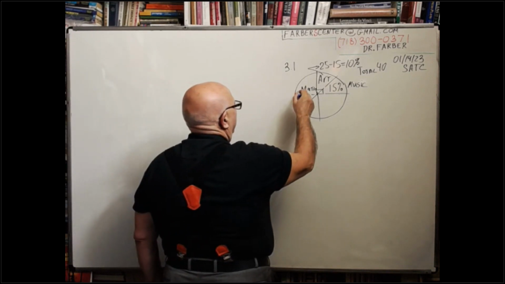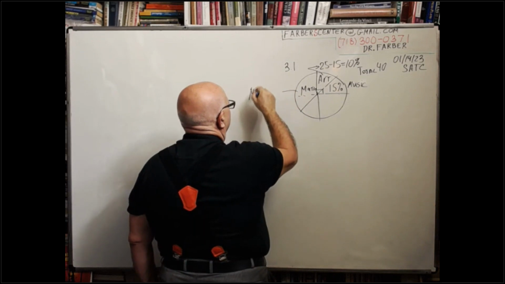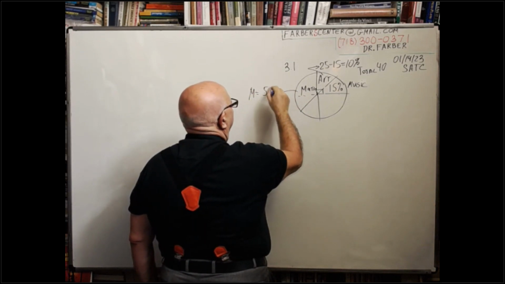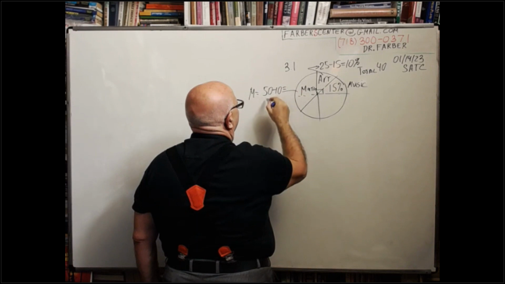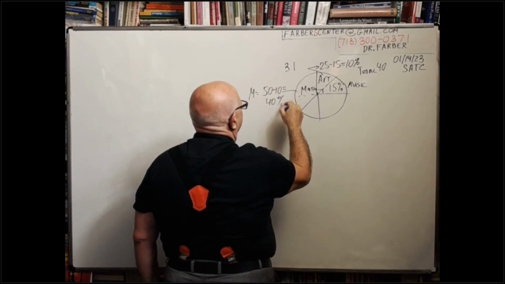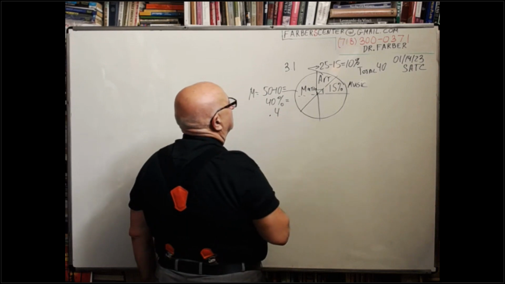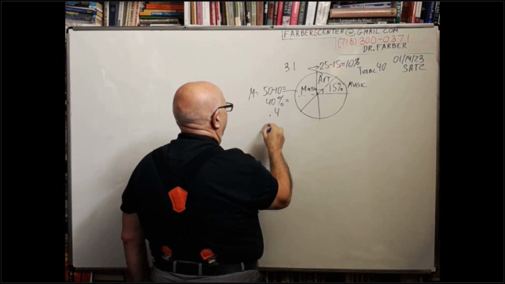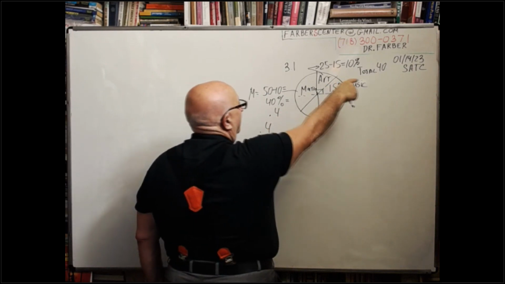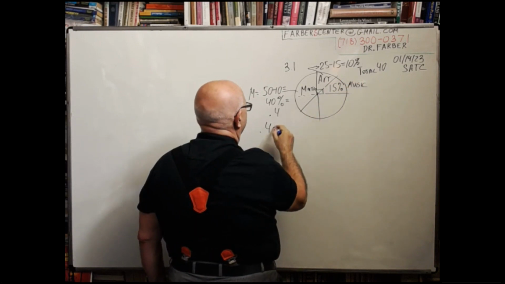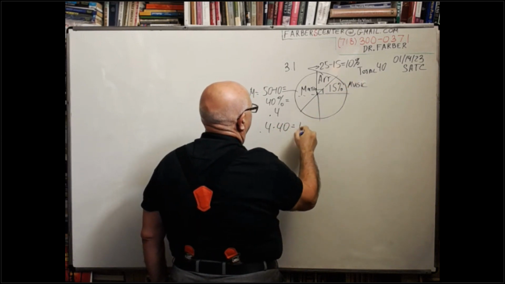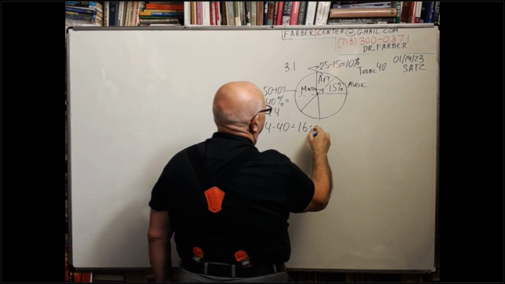So from here, math equals 50 minus 10, which is 40%. 40%, which is 0.4. And eventually 0.4 of 40 students, you got 16 students.